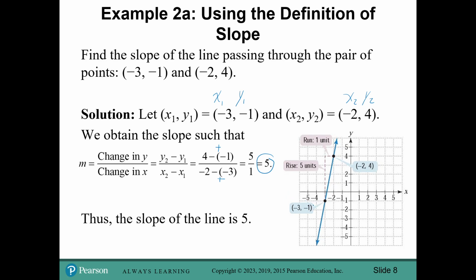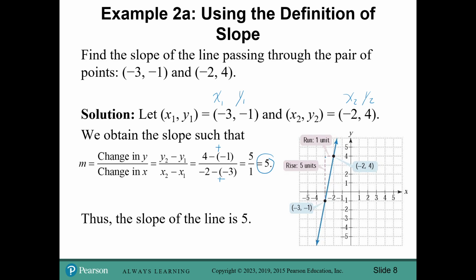Now, if you have the graph here, like we do on this right-hand side, and you didn't want to use this technical definition here with this equation, what you could do is start at this point, negative 3, 1. You could count up to see what the rise is. 1, 2, 3, 4, 5.